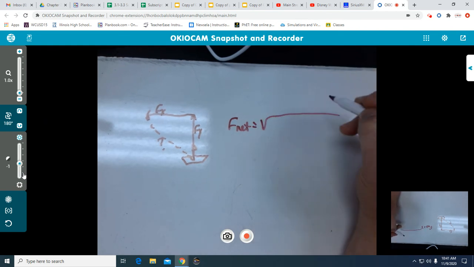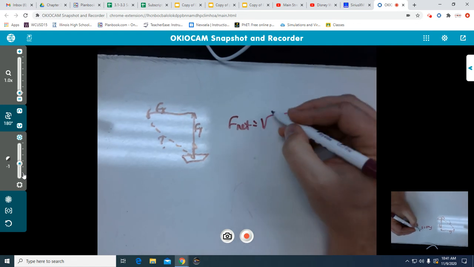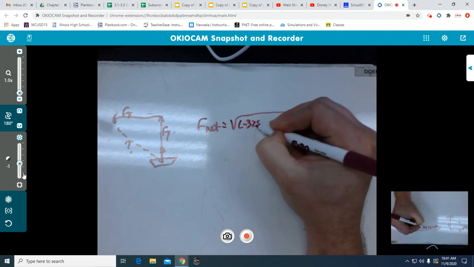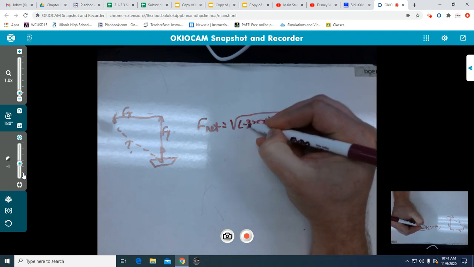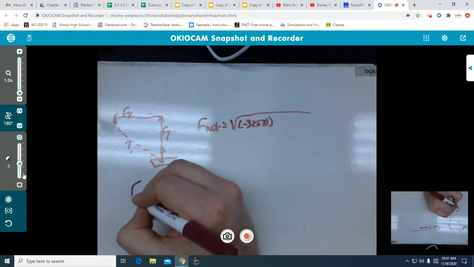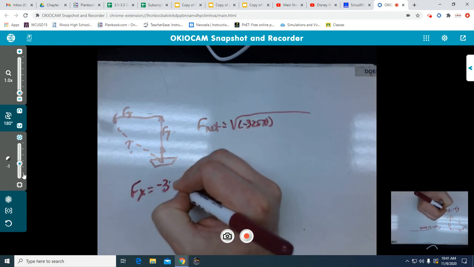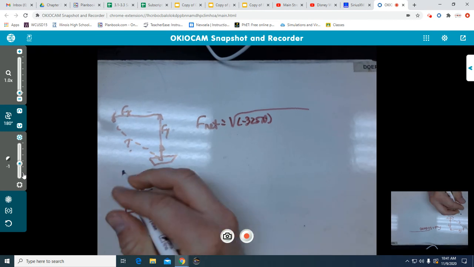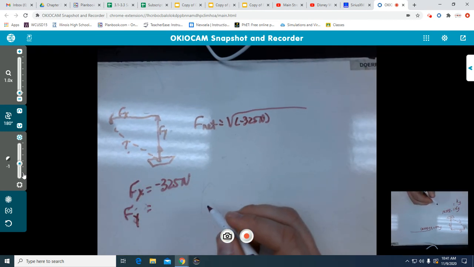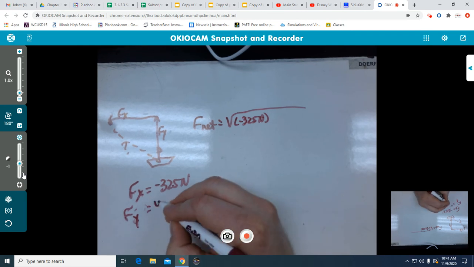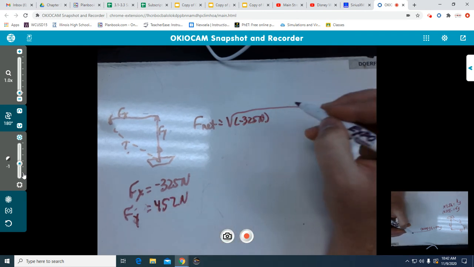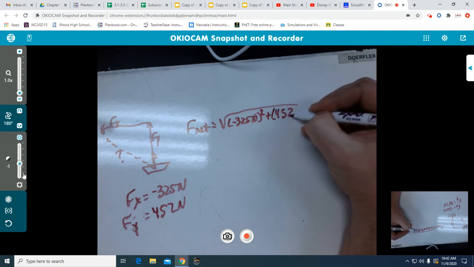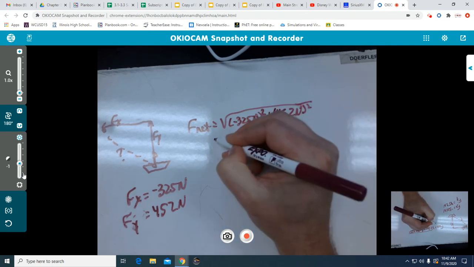So we get the square root of Fx squared plus Fy squared, which ends up being 325 newtons negative, because in the horizontal direction, remember, it's going west. So it's 325 newtons. And the Fy, again, I forgot to label, it's 452 newtons. So that's squared plus the Fy of 452 newtons squared.